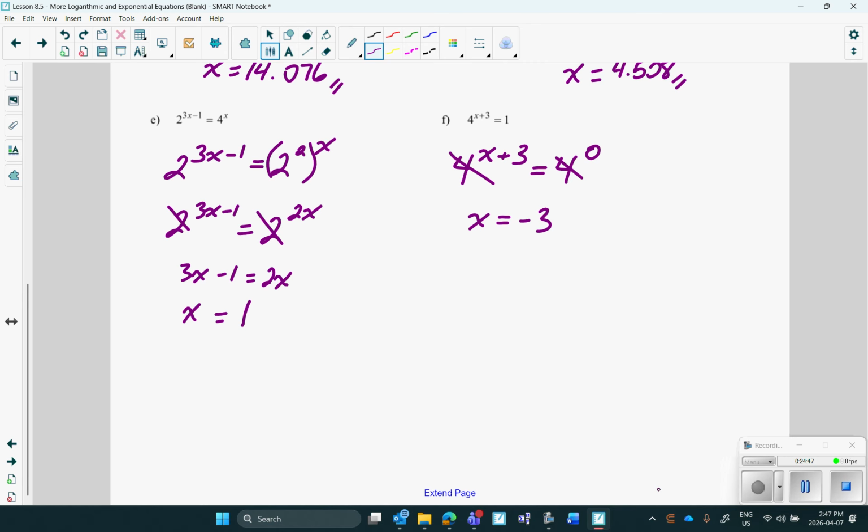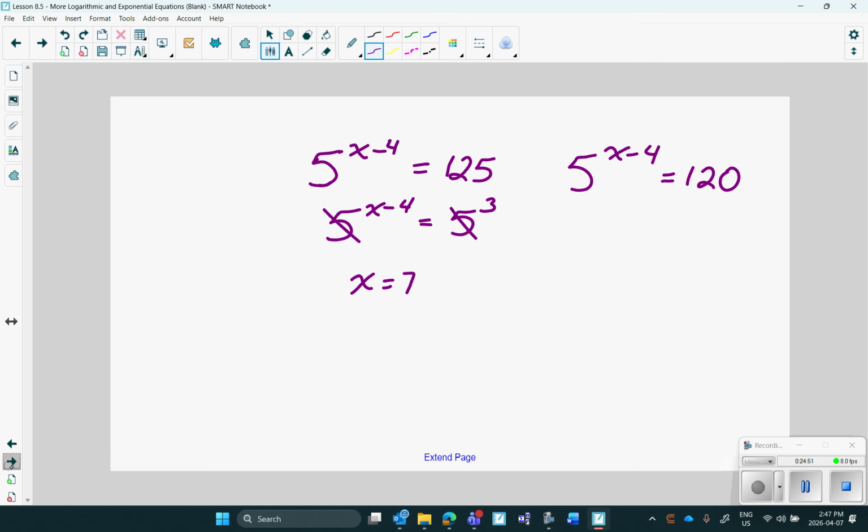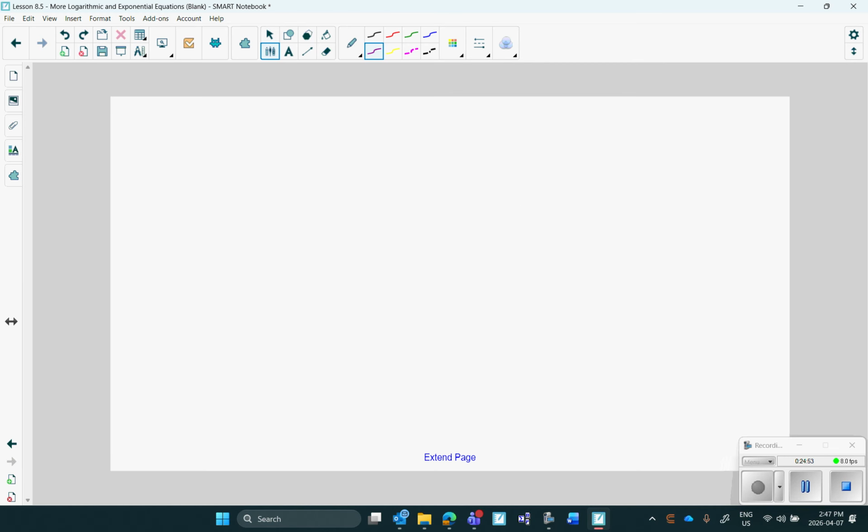So you don't have to write this down, but just to summarize the last couple of lessons, and from unit 7, you should know how to do 2 types of exponential equations and two types of log equations.